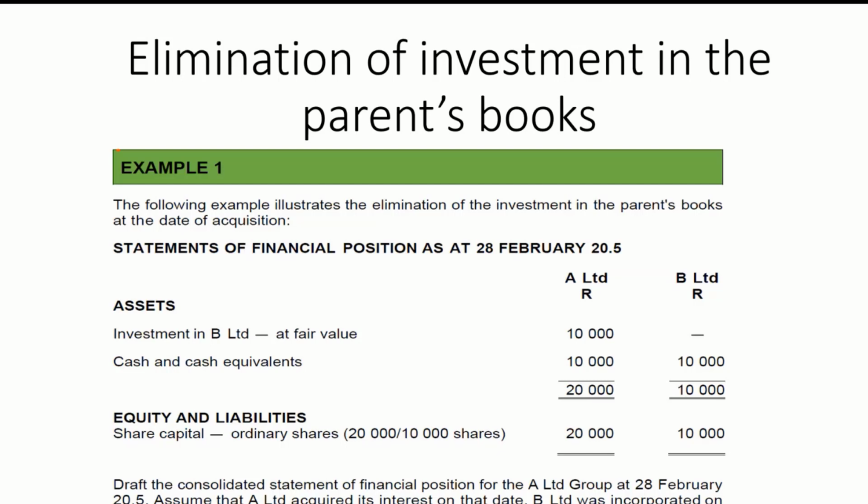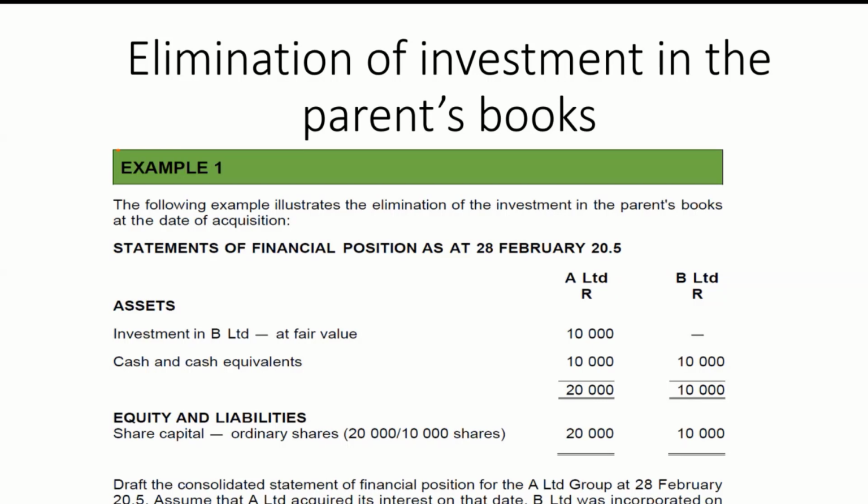Good. The following example illustrates the elimination of the investment in the parent's books at the date of acquisition. 1. Statement of financial position as at 28 February 2005. The company has given us the statement of financial position for A Limited and B Limited. A Limited, I think, is the parent company, and B Limited is the subsidiary.